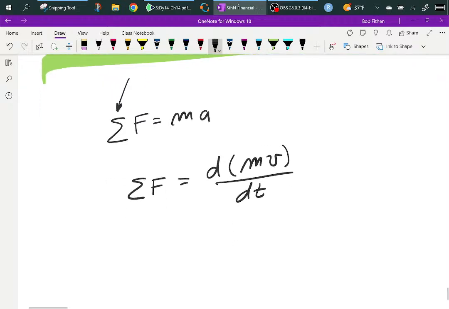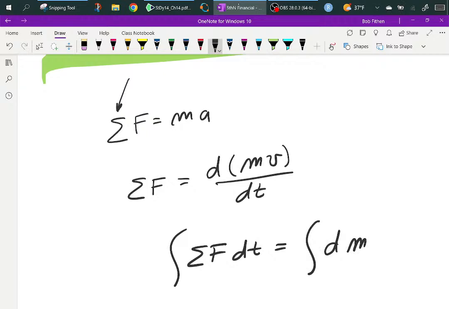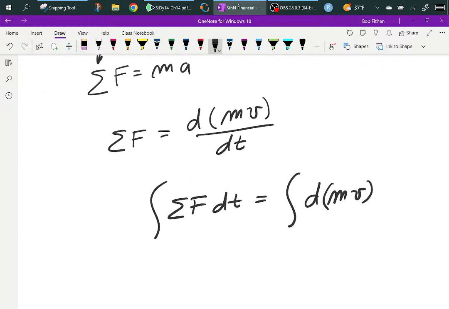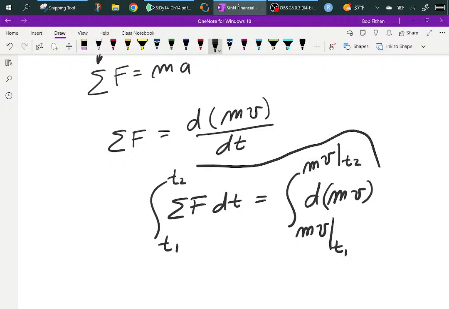And so then you just have this, and you can integrate both sides. And so this would be at T1, and this would be MV evaluated at T1, and this would be T2, and this would be MV evaluated at T2. That's the entire chapter.